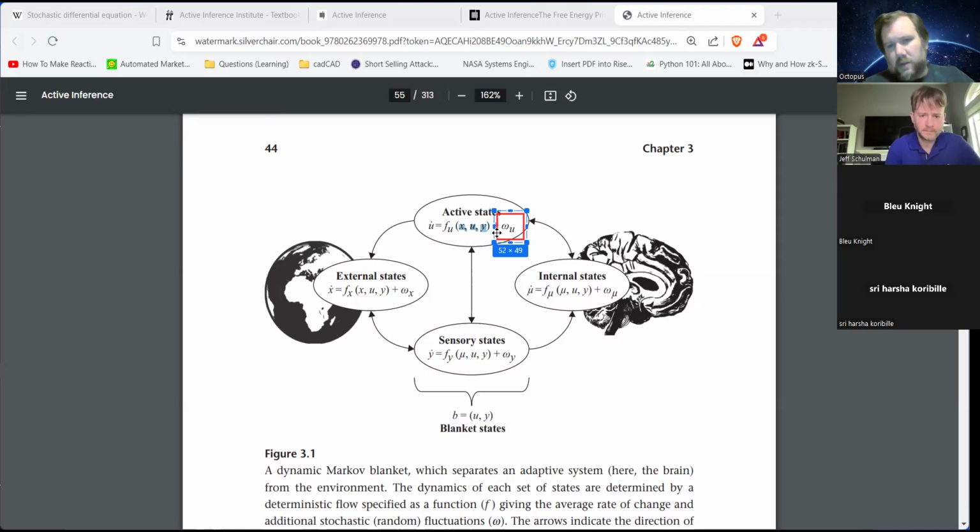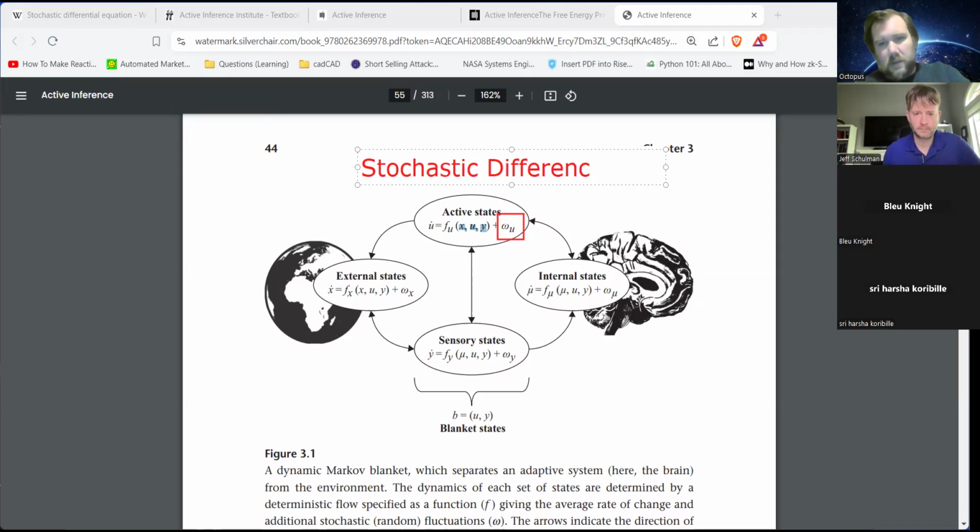So this is incredibly general. And if we plugged in specific Fs and specific omegas, then we might see specific results.